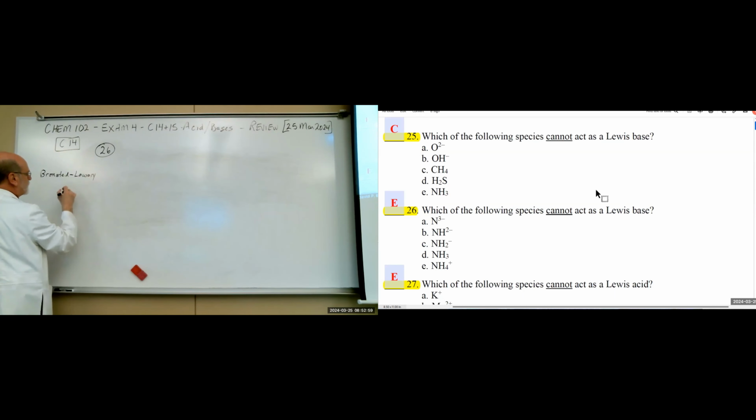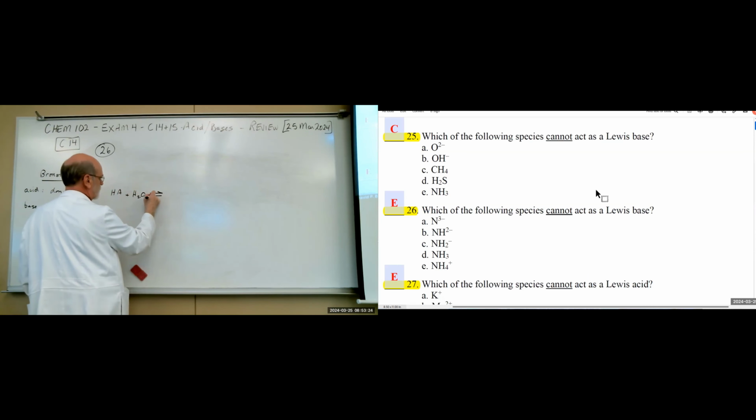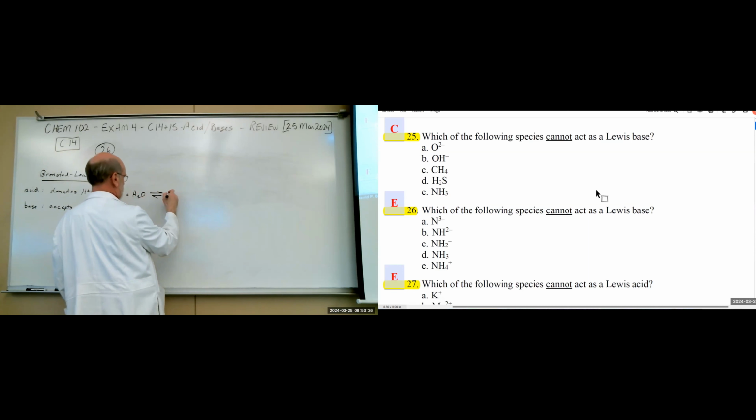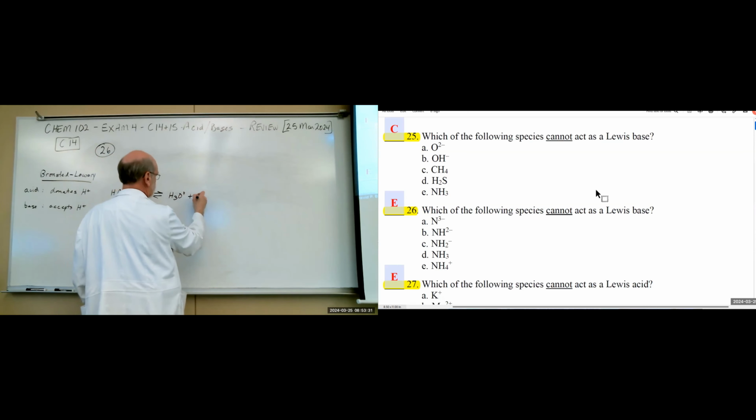Lowry. An acid in this case donates a proton, and a base accepts a proton. When you look at it in those terms, you have the acid reacting with water and producing H3O plus and A minus.